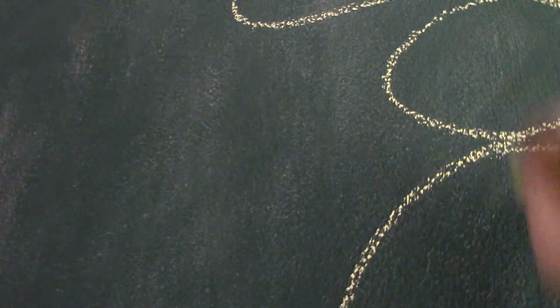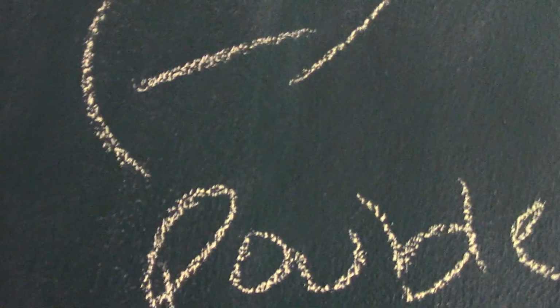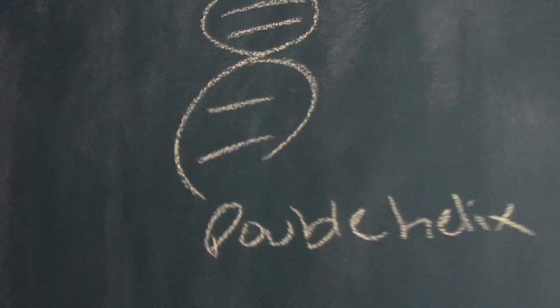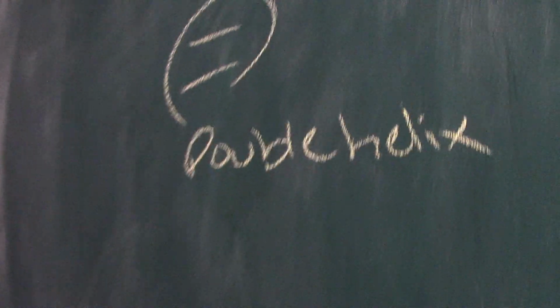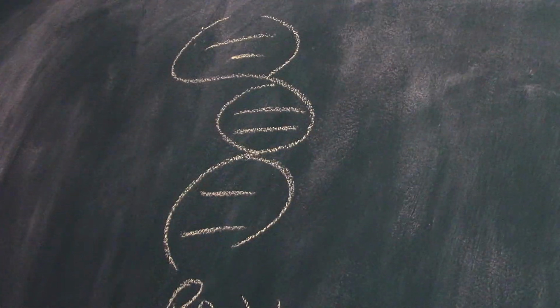So what do we start with first? We start with a double helix, right? So if we have a helical structure, remember, DNA exists as a double helix. The first thing that needs to happen in order to replicate DNA is, right, so this is a 3D structure.